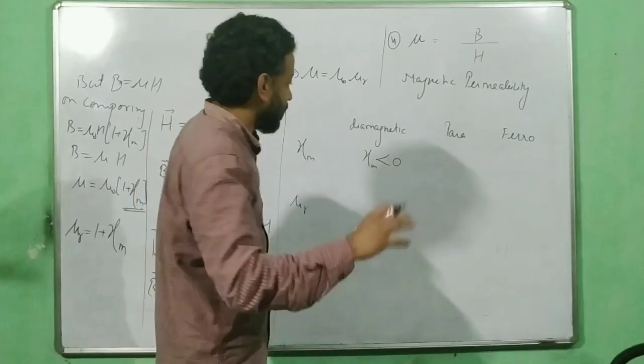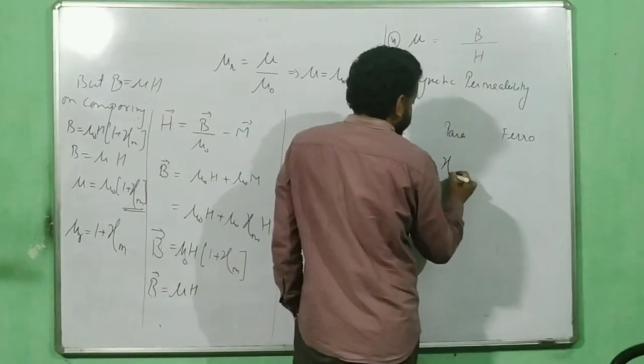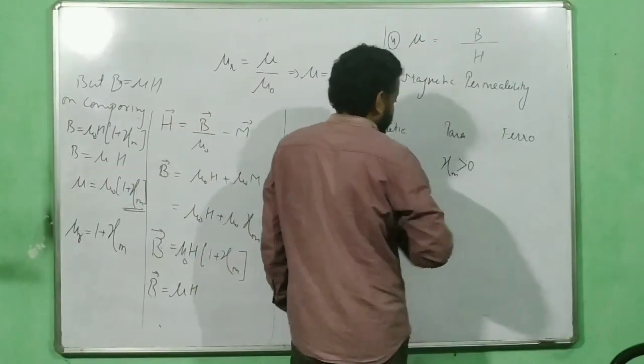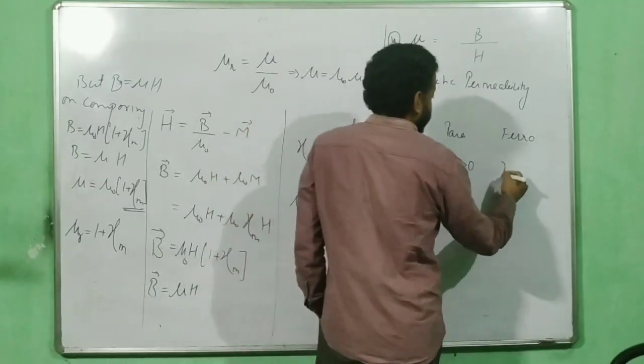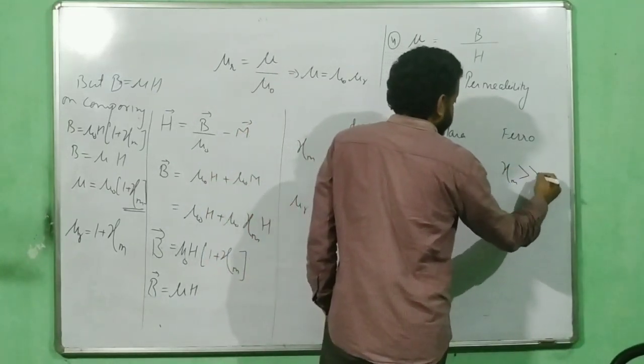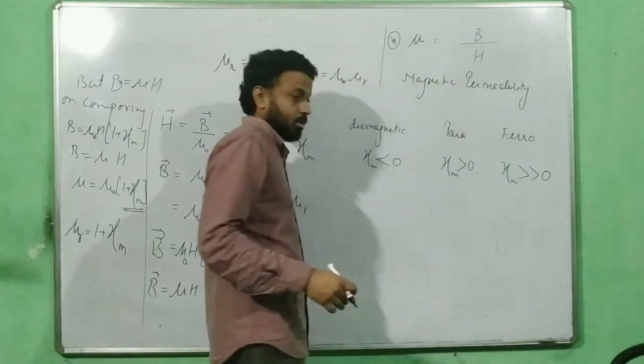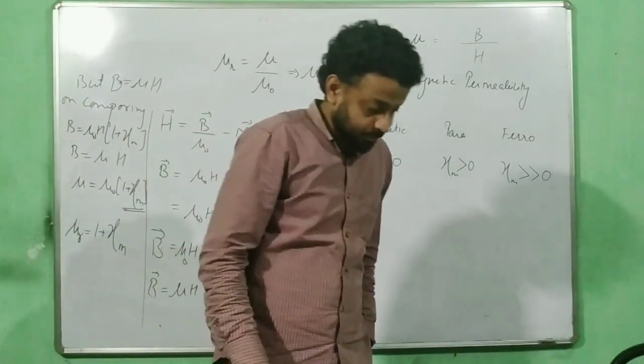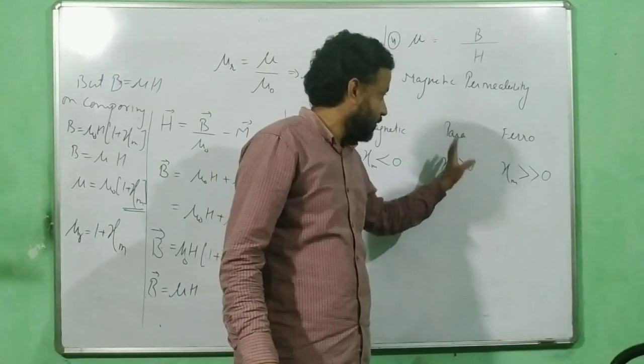For para, the value of xi m is more than 0, positive. And for ferro, the value of xi m is very, very much greater than 0, like 100, 200, and so on.